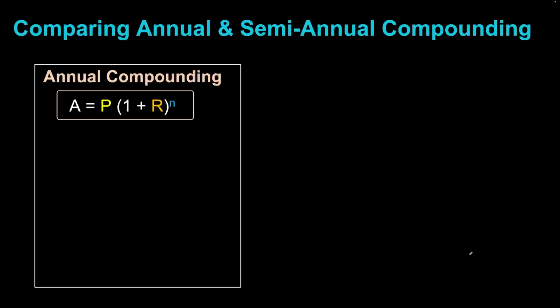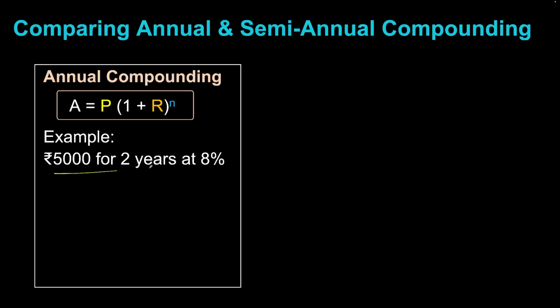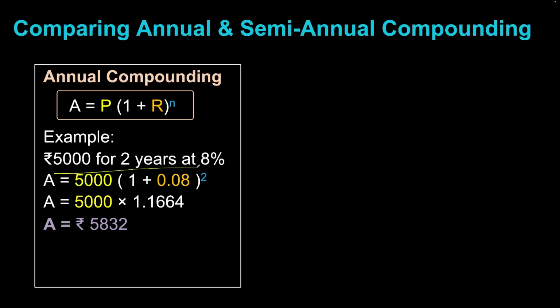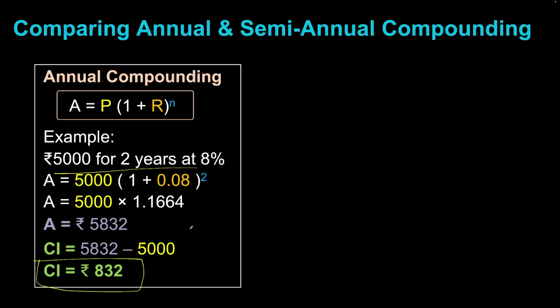Now let's take a quick comparison to get a final understanding of why the semi-annual compounding is better, like we did in the beginning when we visited 2 banks. So annual compounding, we have A equals P into (1 plus R) whole to the power n. So in example, we take 5,000 for 2 years at 8% interest. The compound interest is coming out to 832 rupees.